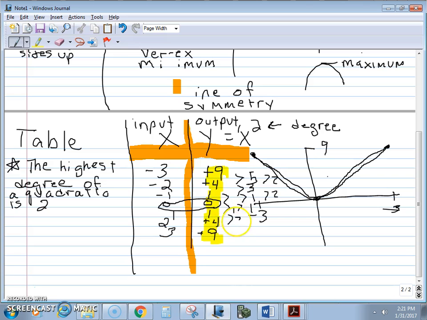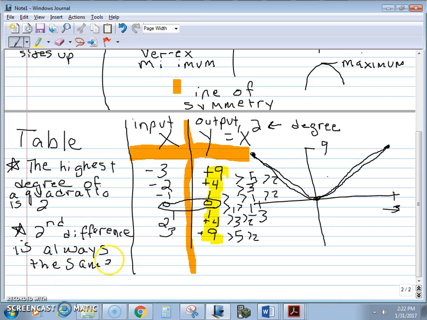Between 1 and 4 is 3. Between 4 and 9 is 5. That was the first difference. Between 1 and 3 is 2. Between 3 and 5 is 2. So in a quadratic, the second difference is always the same. Okay?